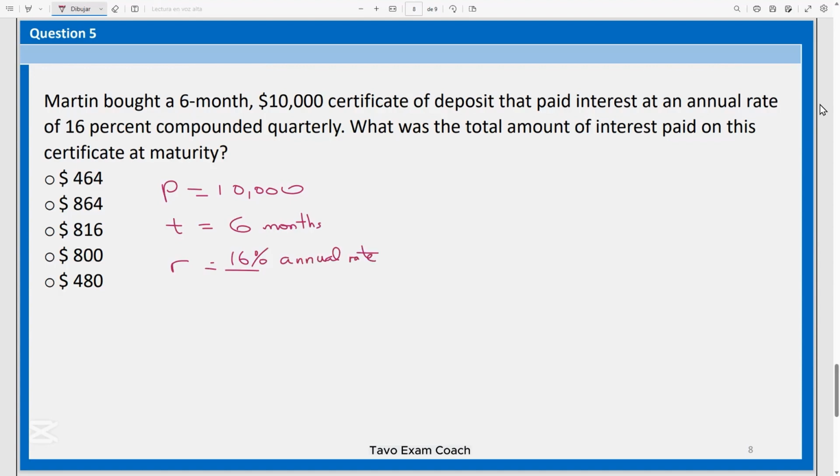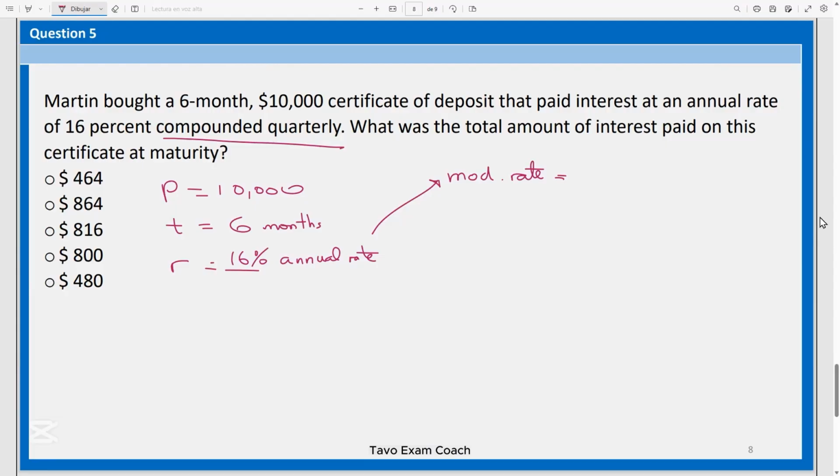And the frequency of accumulation of interest is quarterly. So considering the frequency and the annual rate, we can determine a modified rate, a modified rate that corresponds with the period when interest is compounded, that is a quarter.